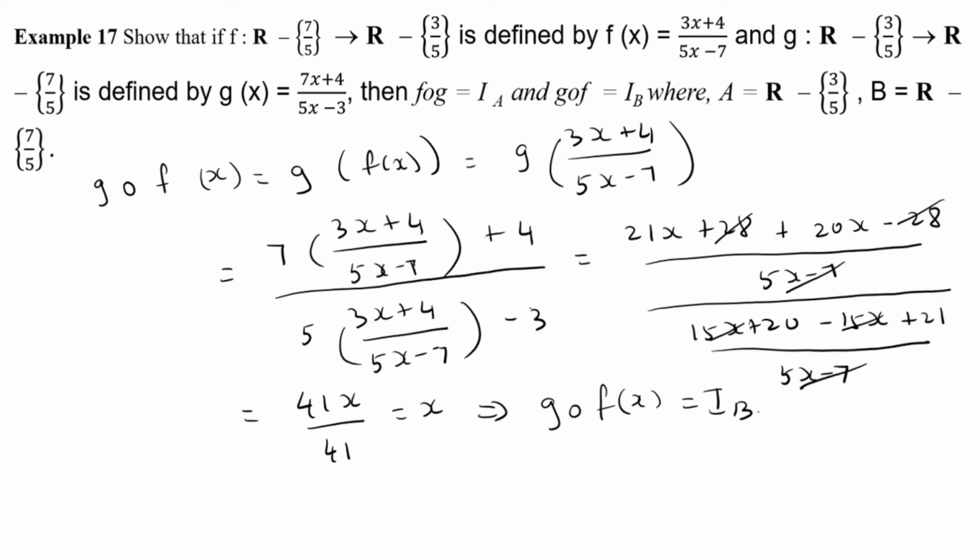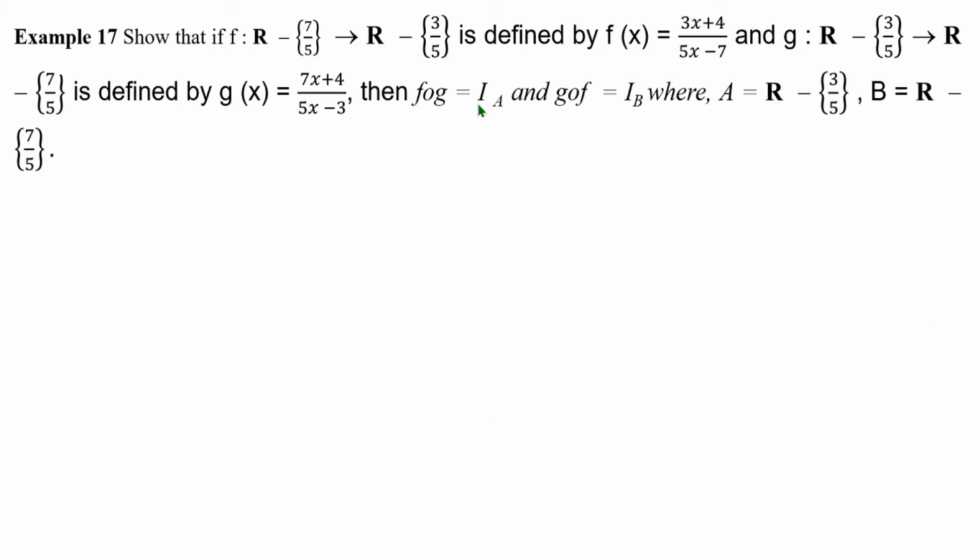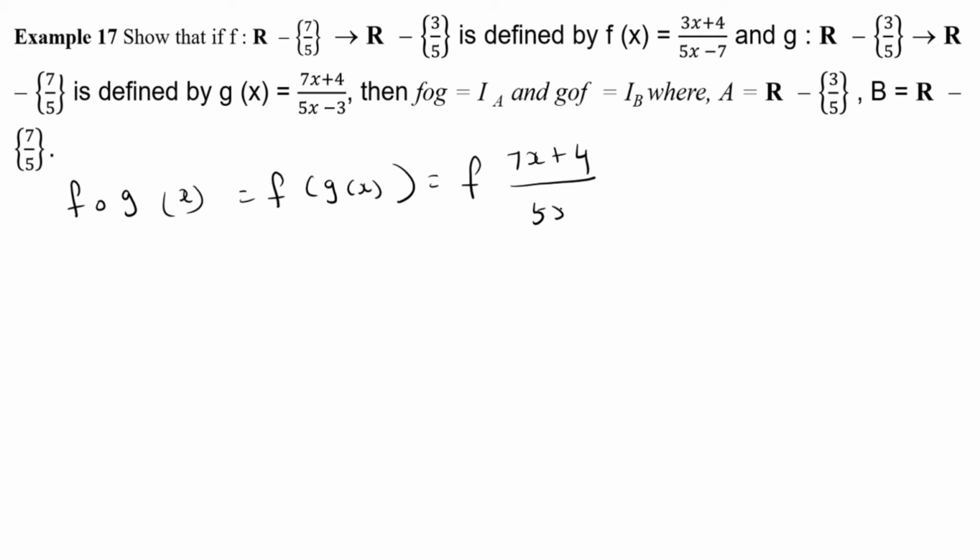Now we will prove f of g is equal to the identity function IA. So f of g of x is equal to f of g of x, which is 7x plus 4 divided by 5x minus 3. It is given f of x is 3x plus 4 by 5x minus 7.